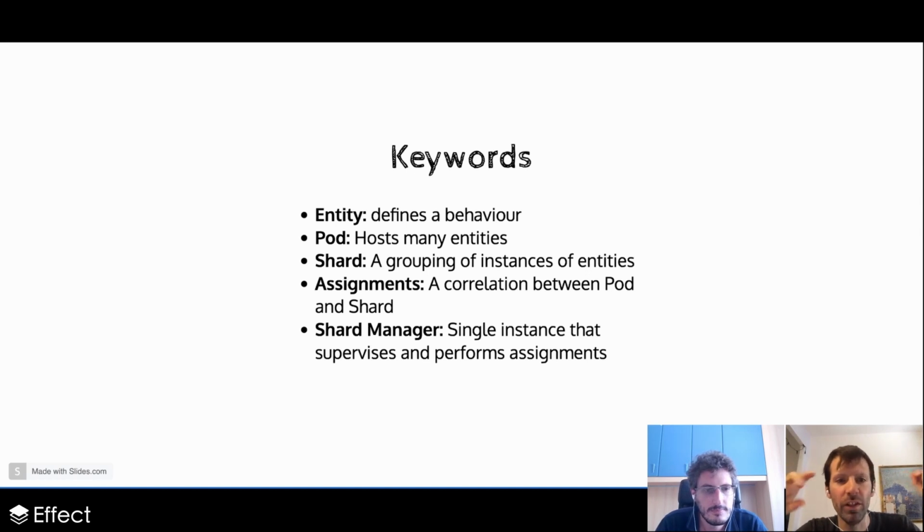So we have the user entity, which is the behavior of how a user accepts messages and performs its work and maybe replies to other entities, or a to-do entity, which basically has a to-do behavior. So basically the entity behavior defines how an entity behaves in the system.